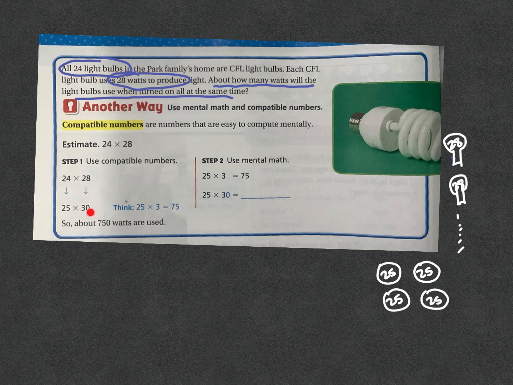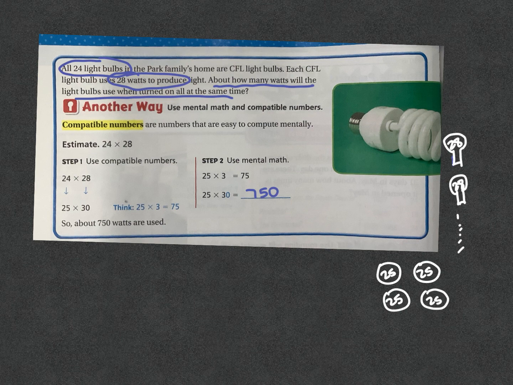And then we tack that 0 onto the end. So 25 times 3 is 75, so 25 times 30 is going to be 750.